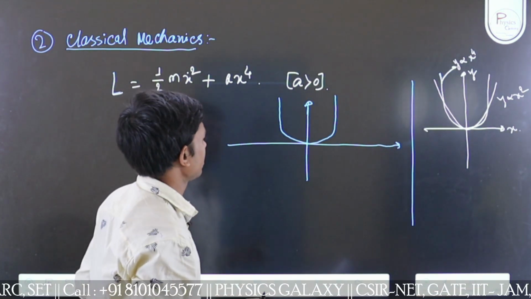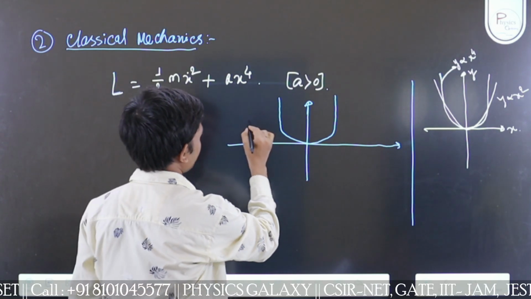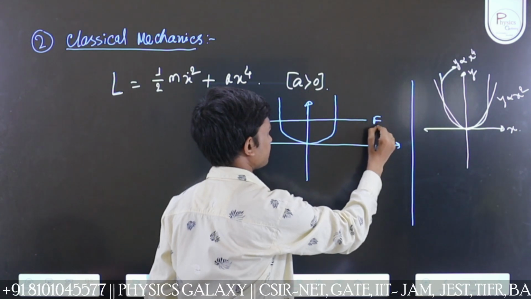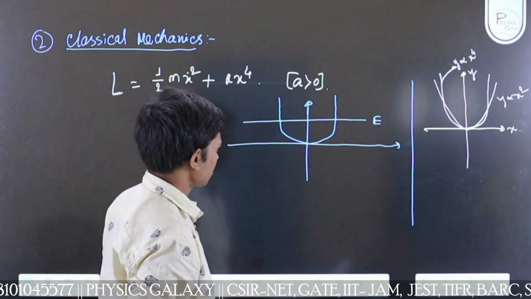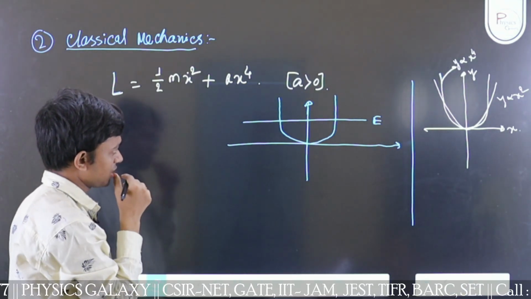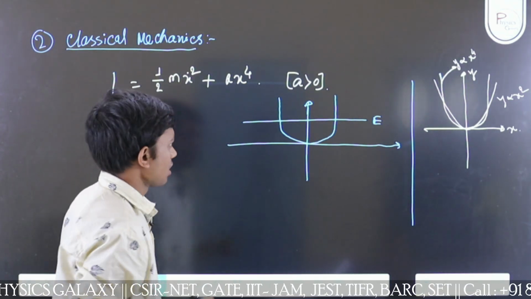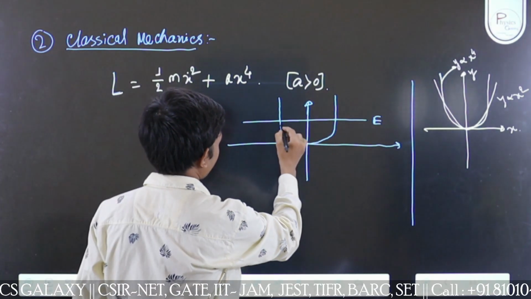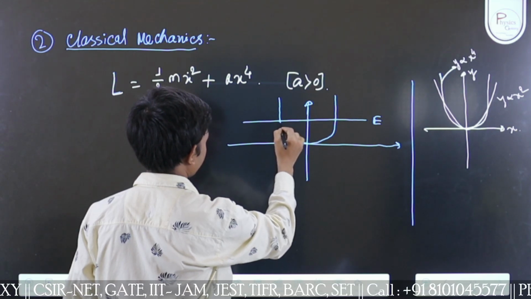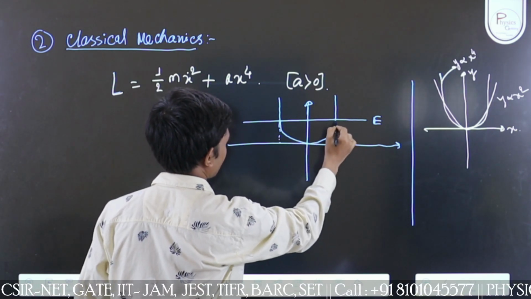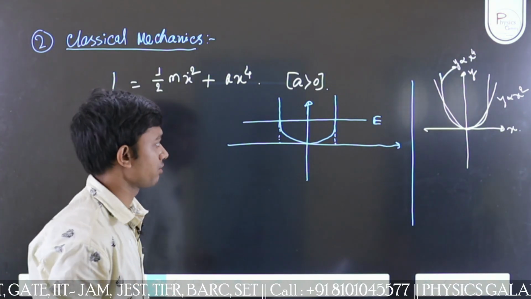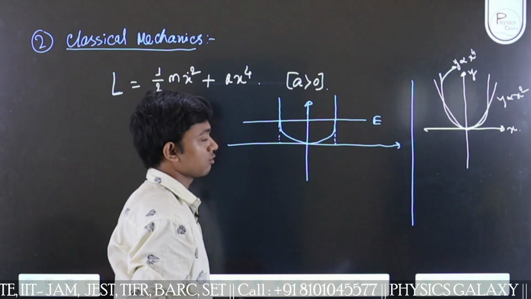They said to assume the energy of the particle in this potential is E, then tell what type of motion the particle has. I told them that in the classical region, at that point the kinetic energy of the particle will be zero, and beyond that region the particle will not move.